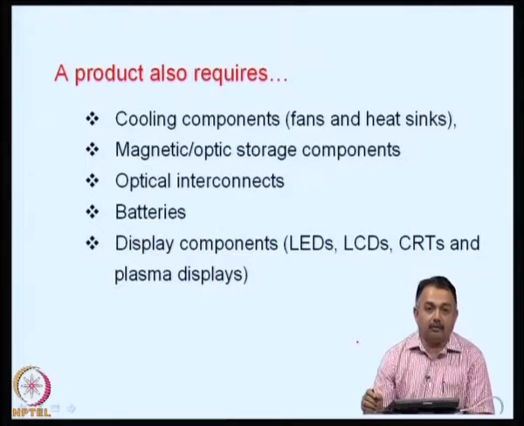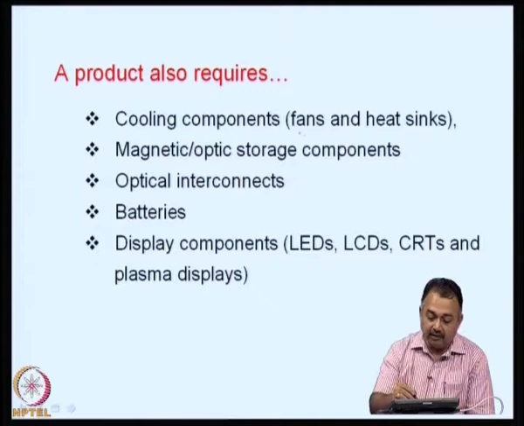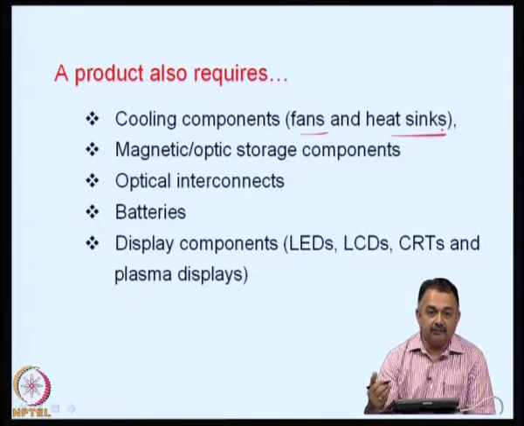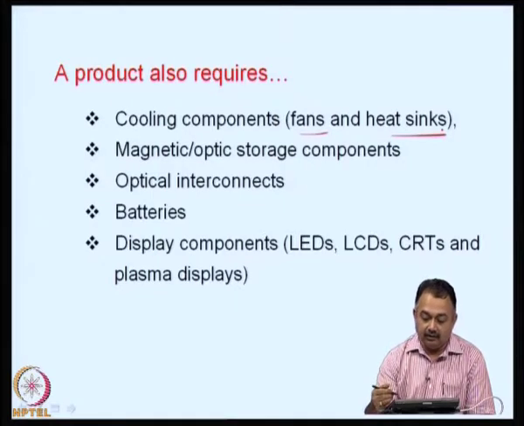A product also requires cooling components, for example, fans and heat sinks. You would have seen in personal computers, desktop, fans are being used to remove heat as quickly as possible when the device is powered up from the active surface of the IC. You do not want the heat to be built up.